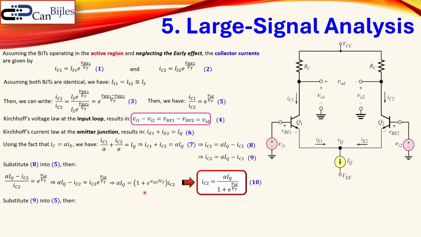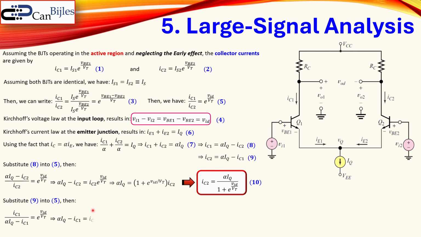And similarly, we can pick equation number 9 and substitute that also in equation number 5. What do we have? Well, similarly, IC1 here will stay, but IC2 will be replaced by an expression where you see also IC1. So I actually do the exact same. I want to only have IC1 in my expression and then isolate that at the end and get an expression like so here.